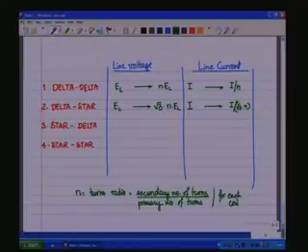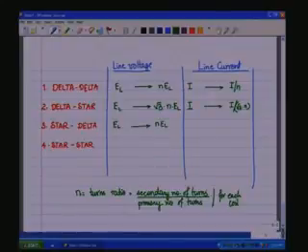Then the star delta, if you apply EL as the line voltage on the primary side, the phase circuits get a voltage of EL by root 3, which becomes n times EL by root 3 on the secondary phase coils, and that itself is the line voltage n EL by root 3.